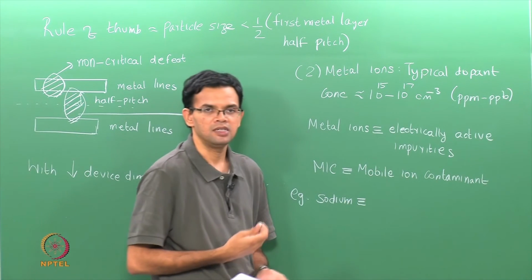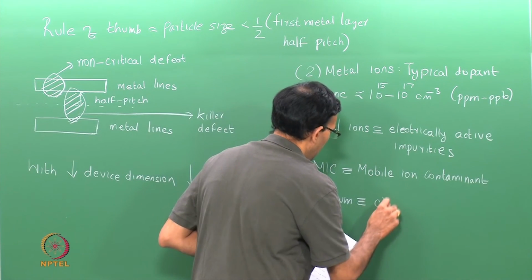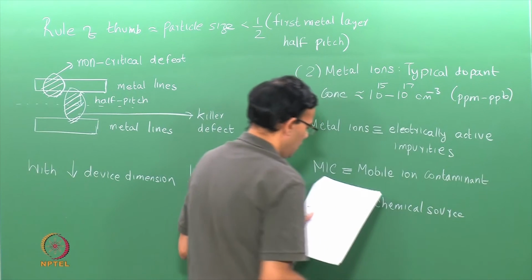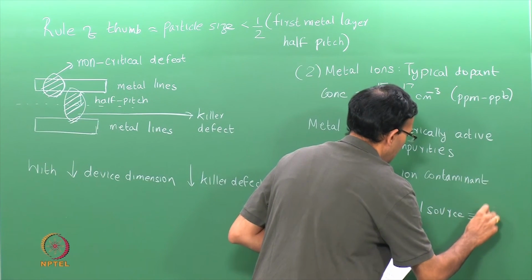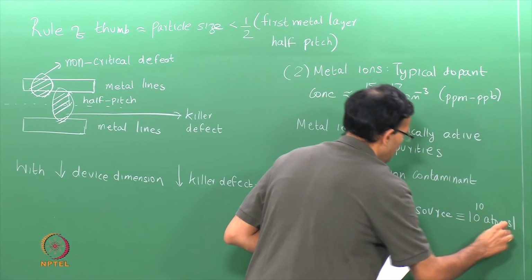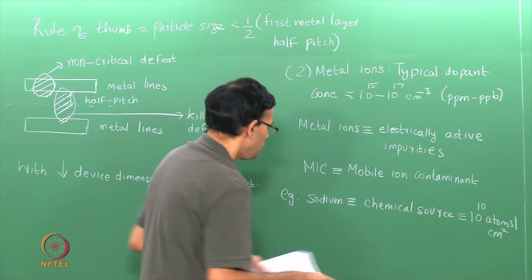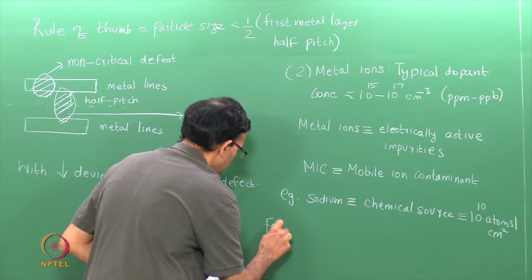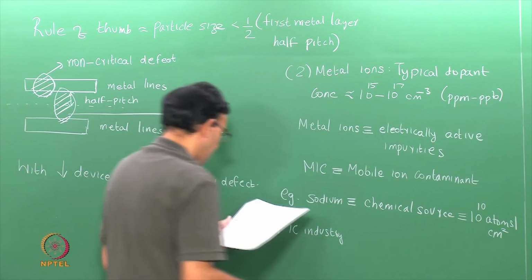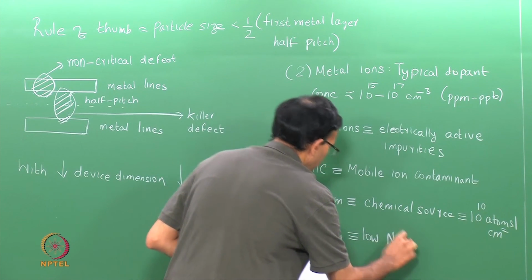Sodium is usually present in some of the process chemicals that are used for IC fabrication. So, they essentially have a chemical source, and even a sodium concentration as low as 10 to the 10 atoms per unit area can affect your device and cause its electrical performance to degrade. So, for use in the IC industry, you have to essentially develop low sodium grade chemicals.